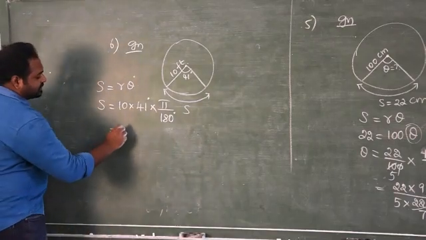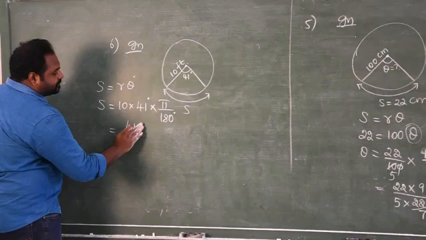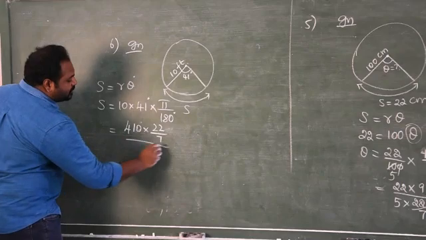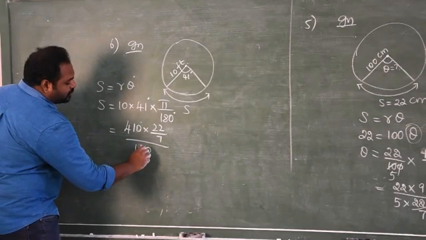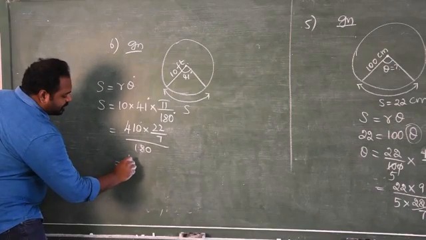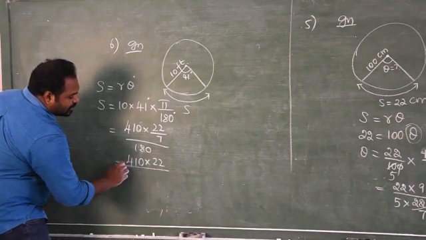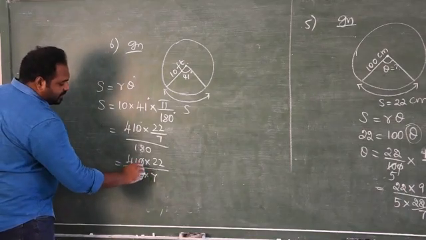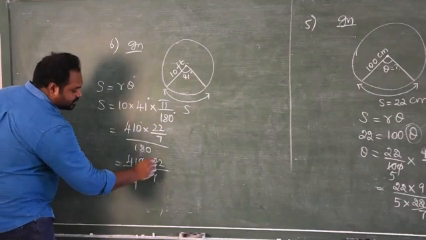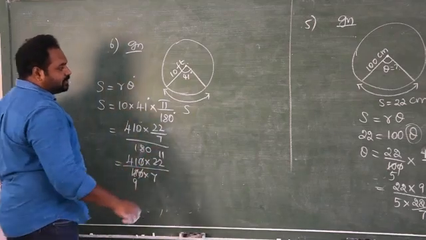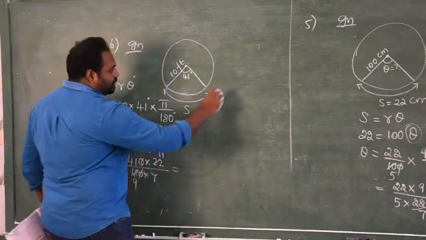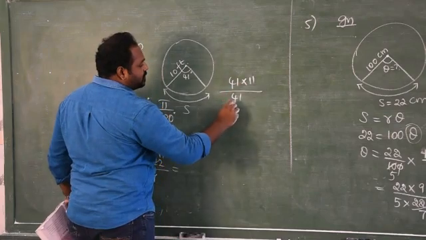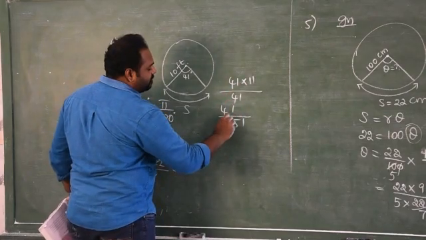So this can be written as 410 into 22 by 7 whole divided by 180. 7 can be brought down. 180 and 7, we can have a cancellation, 9 times, 11 times. So 41 into 11 is 451.